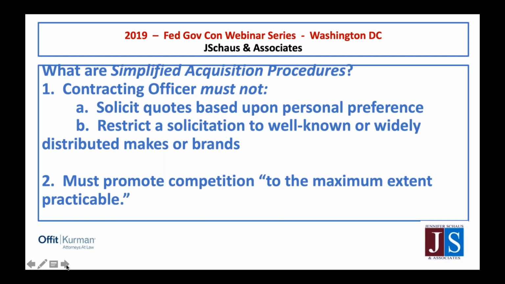And for the same reason, restricting a solicitation to well-known or widely distributed makes or brands, paper towels, for example, is not permissible generally under FAR Part 13 because, again, using Bounty as an example, I love Bounty, nothing against Bounty, but if there is a cheaper alternative out there and you're going to get the same good for all intents and purposes, then the contracting officer is obligated to try to do that. All right, if we can advance the slide.